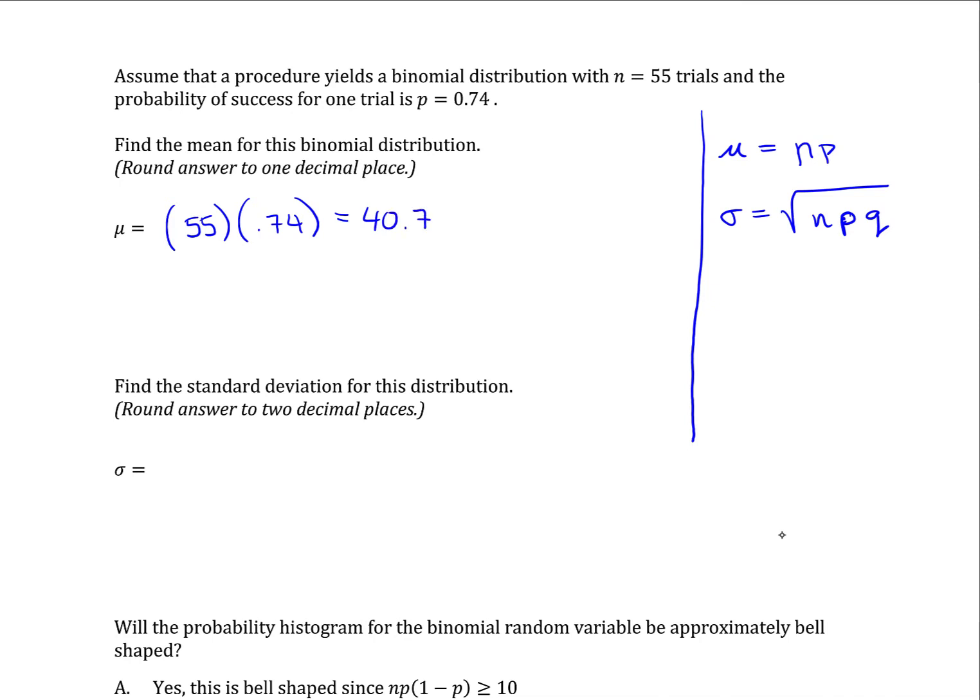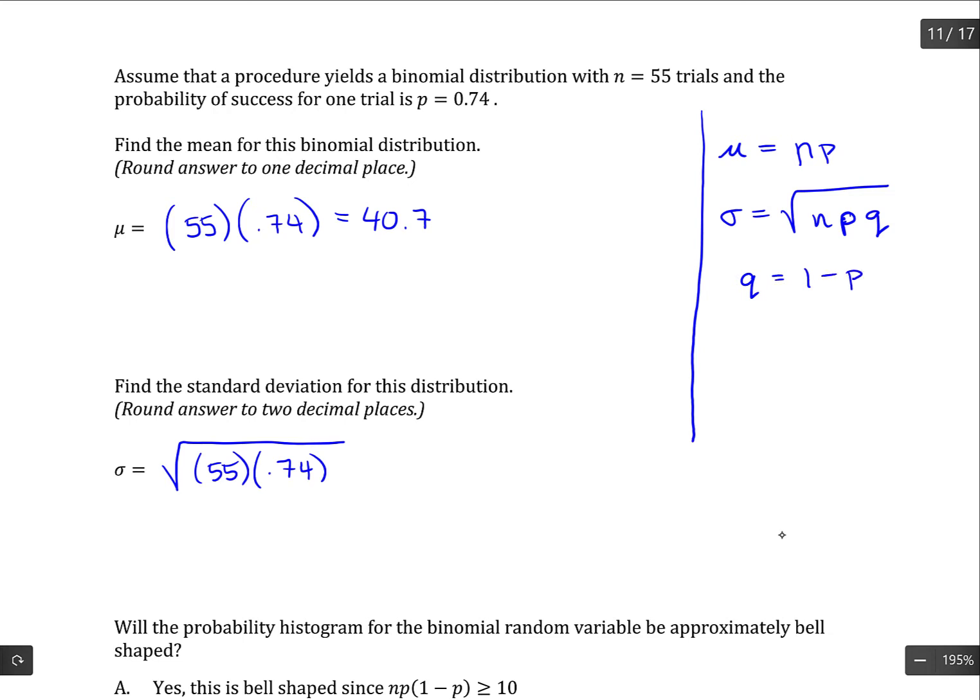The standard deviation would be the square root of n, which is 55, times p, which is 0.74, times q. And you do have to remember that q is always just the complement of p. So you can write this in as 1 minus 0.74 if you like, that's fine, or you could calculate it outright.